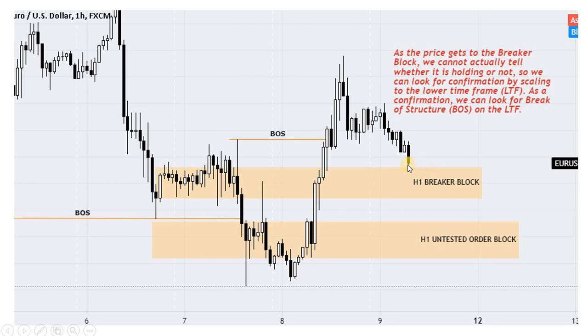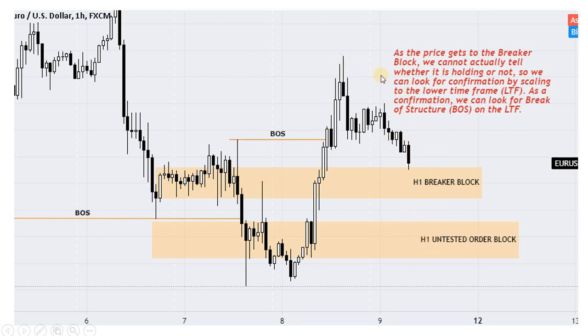We don't know if price is going to reverse at this 1-hour breaker block, or if price is going to break through this point of interest down to this 1-hour untested order block.